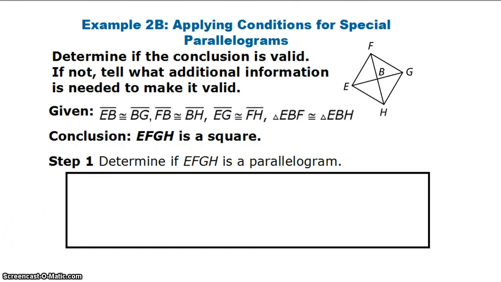Okay, next question. Determine if the conclusion is valid. If not, tell what additional information is needed to make it valid. So here we have, once again, a quadrilateral, EFGH.